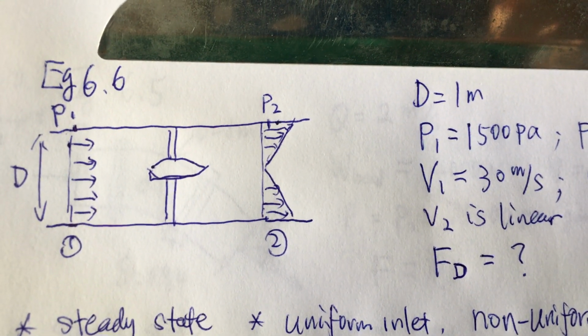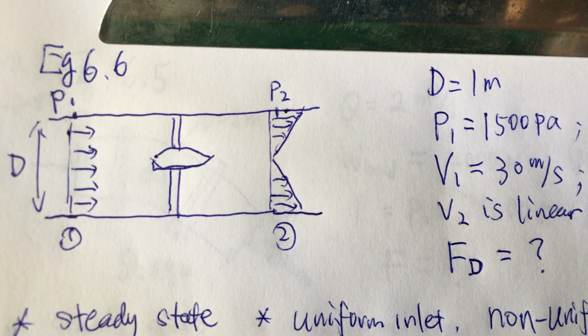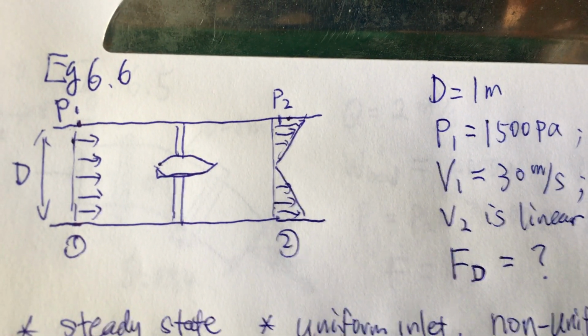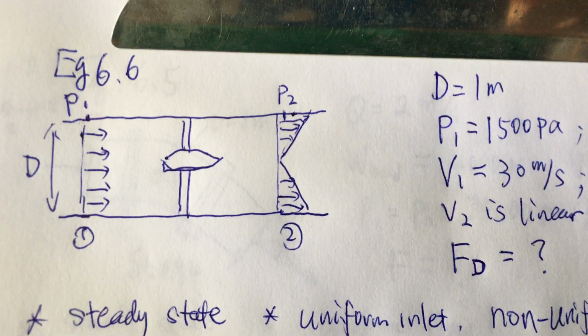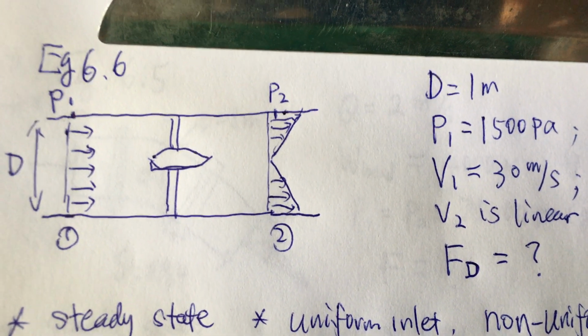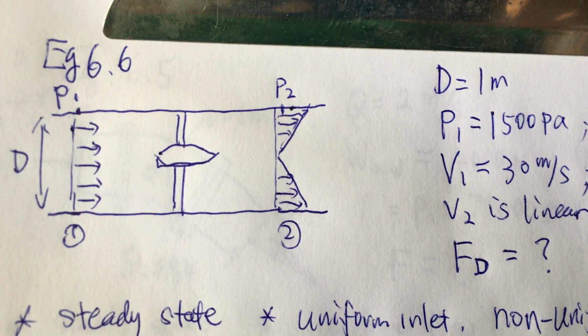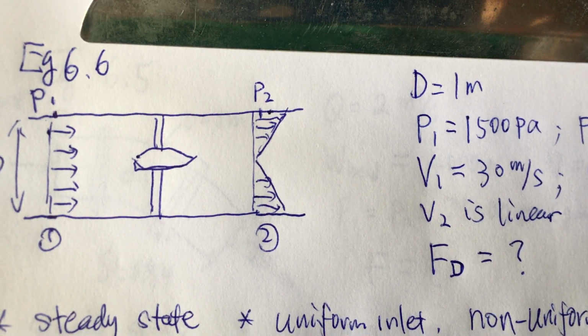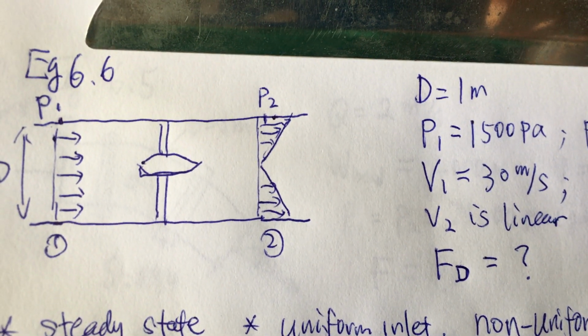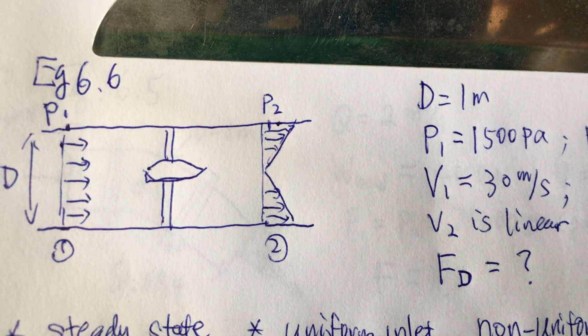You have an object in the middle, so you have zero velocity in the center. But the velocity gets bigger when you're close to the wall. You don't know the exact velocity value because it's non-uniform, but the velocity V2 is linearly distributed on the outlet surface.